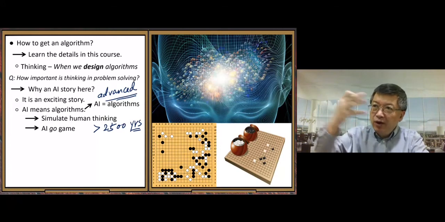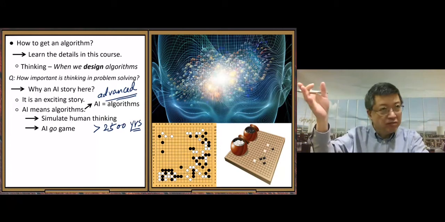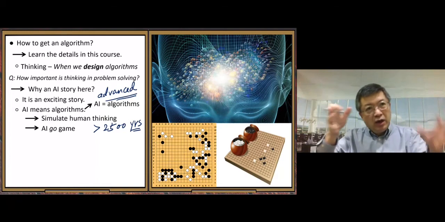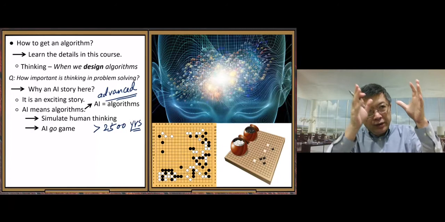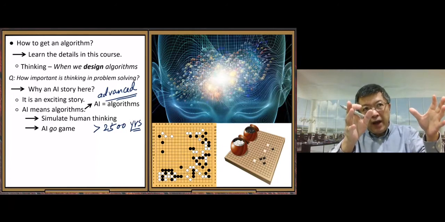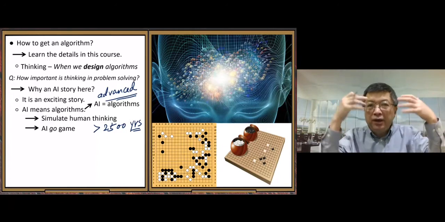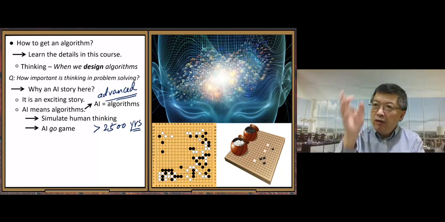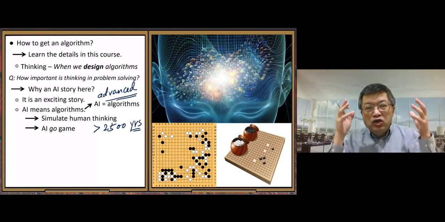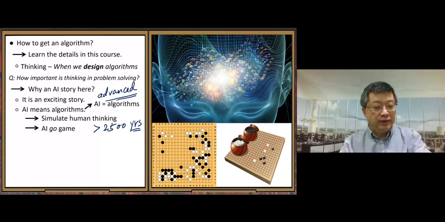Computation-wise, if we look at the complexity in computation, because if we want to use AI to play the Go game, then we need to translate it into a computation problem. The complexity of that computation problem is extremely complicated.